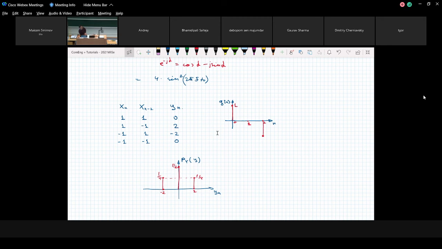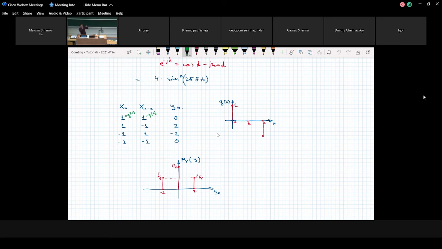The output is nothing but the pair convolved with g of n, right? Yes, you take the first symbol and multiply by g of 0. Then you take the second symbol and multiply by g of 2.